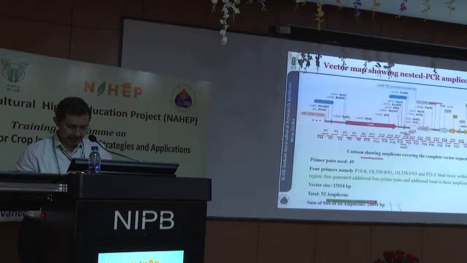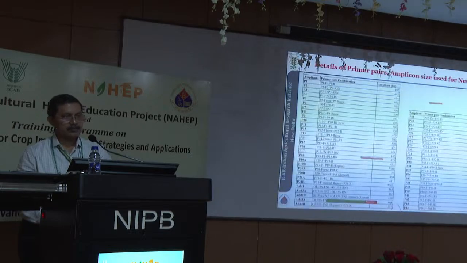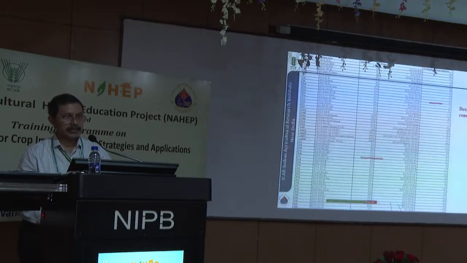That is what the guidelines suggest. Based on that, we designed about 49 primer pairs to show that the edited mutant is free from foreign DNA. This shows the details of the primer pairs, the amplicon sizes, and the overlap between the PCR amplicons.